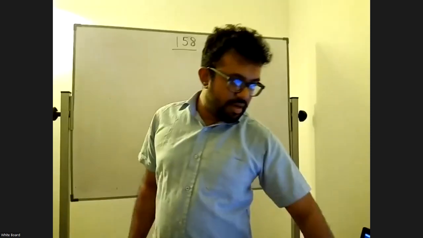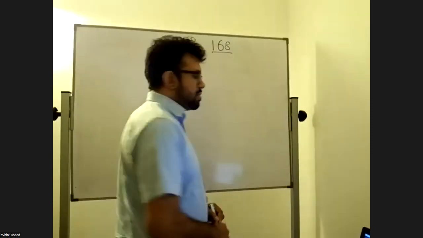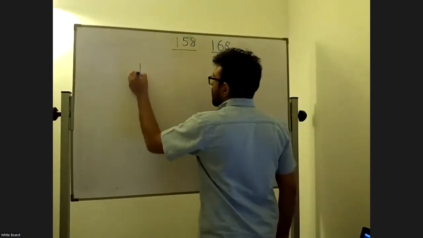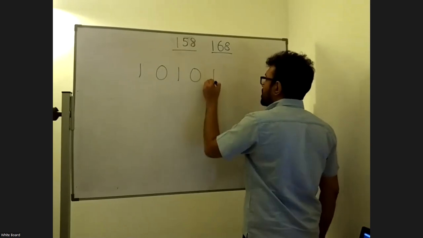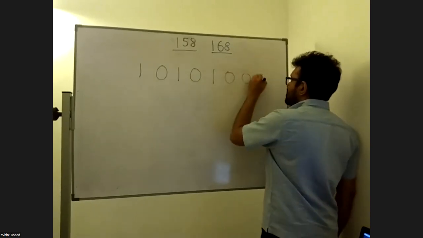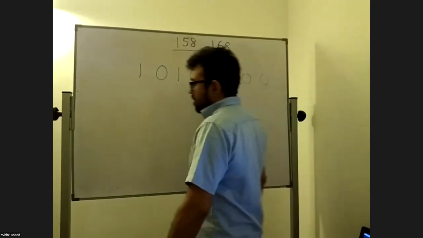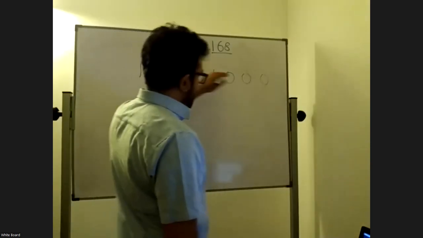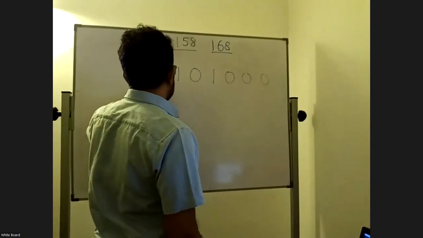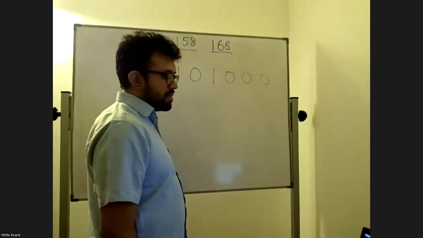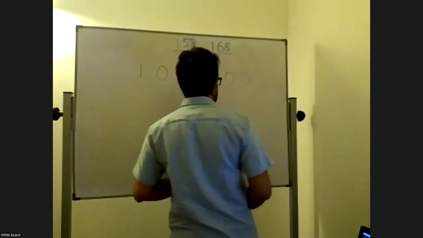So we'll write it down. 1 0 1 0 1 0 0 0. That's it. You should remember we have the place values for each bit in this bit pattern, or in this binary number.